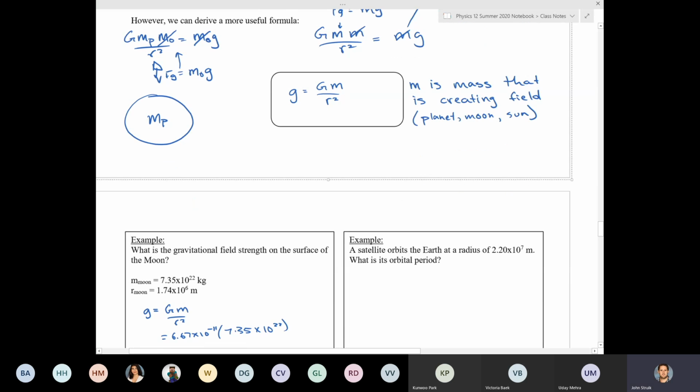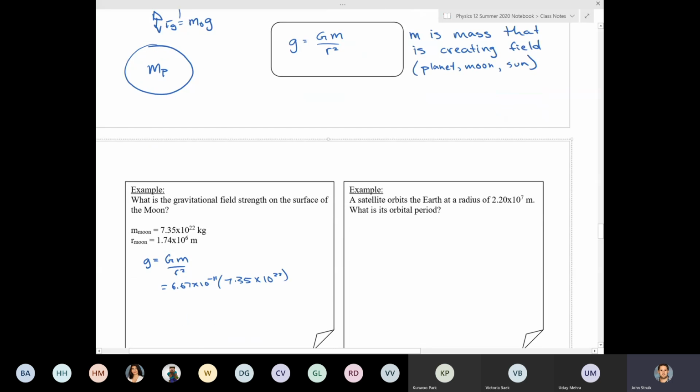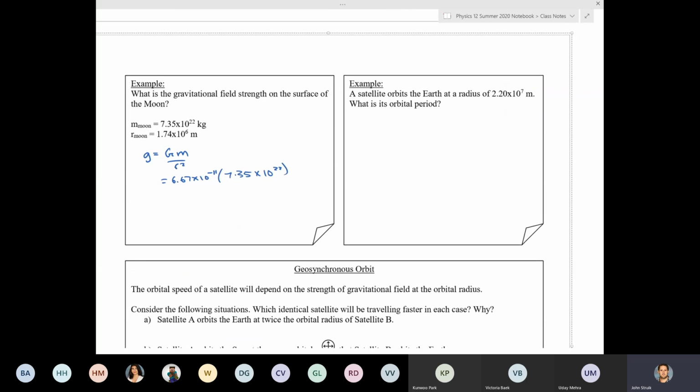I just did something weird. I don't know what I did. Okay. So 6.67 times 10 to the negative 11, 7.35 times 10 to the 22, and then divide by the radius squared, 1.74 times 10 to the 6 squared.